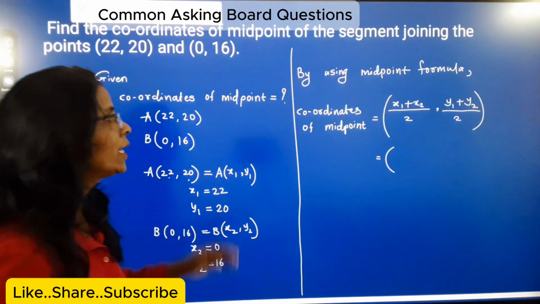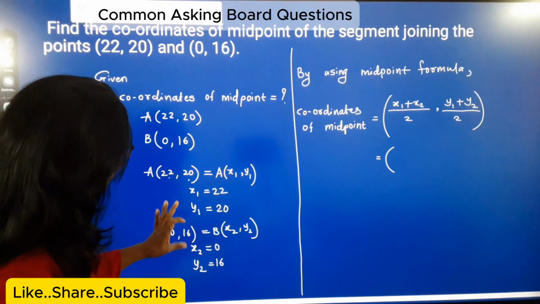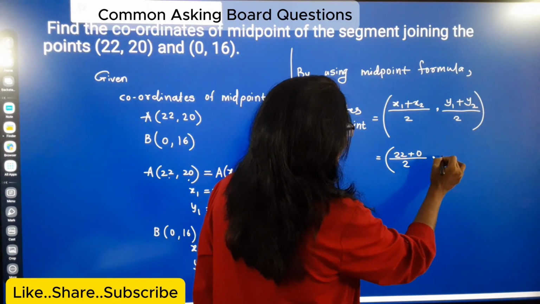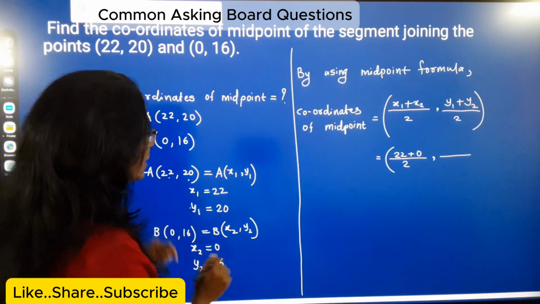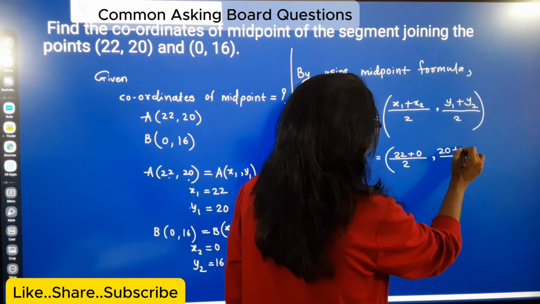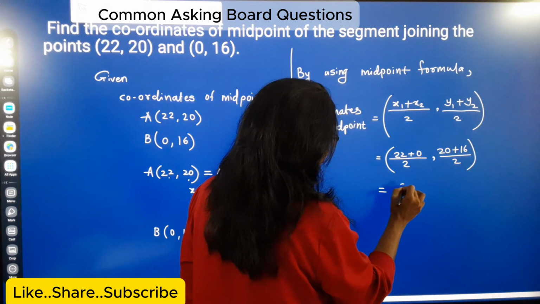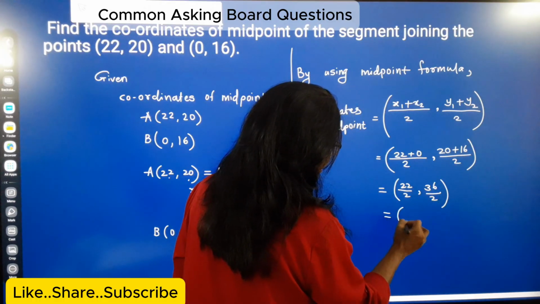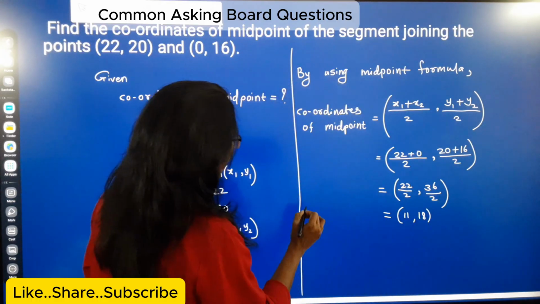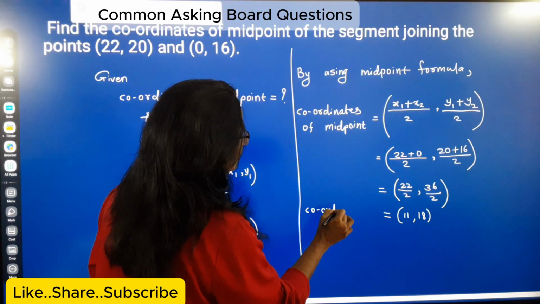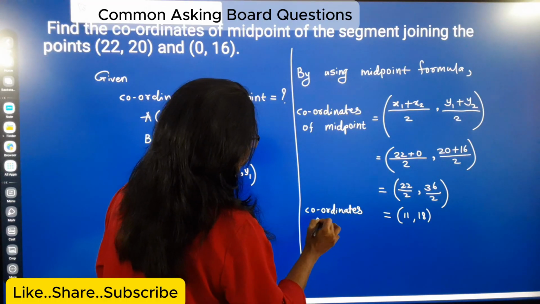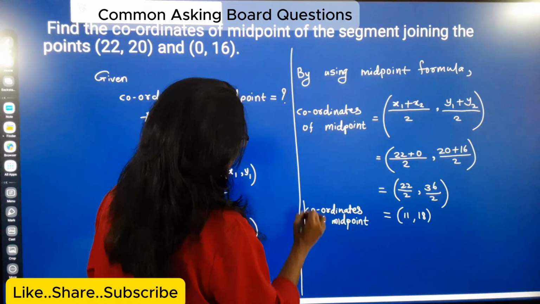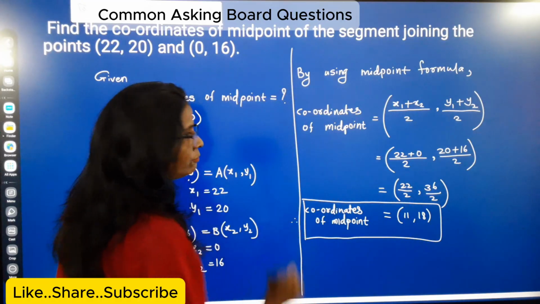Then substitution, students: x1 plus x2, that is 22 plus 0, upon 2. Then y1 plus y2, that is 20 plus 16, upon 2. So here 22 upon 2 and 36 upon 2, that means (11, 18). So these are the coordinates of midpoint. Okay, so this is our final answer.